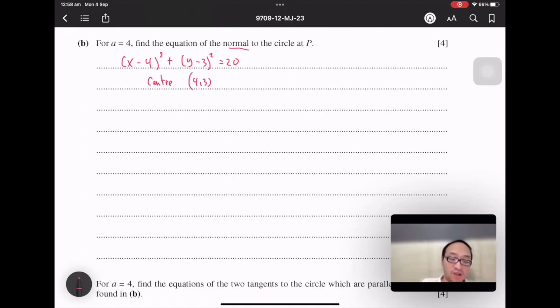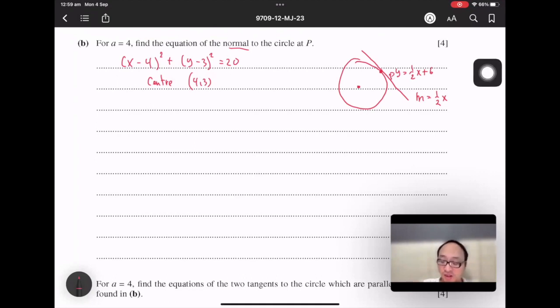Find the equation of the normal to the circle at P. So if we draw the circle, and there's a tangent here, y equals half x plus 6. So the gradient of the tangent will be half. That means the normal to the circle at P will pass through the center of the circle. So the gradient of the normal will be negative 2.